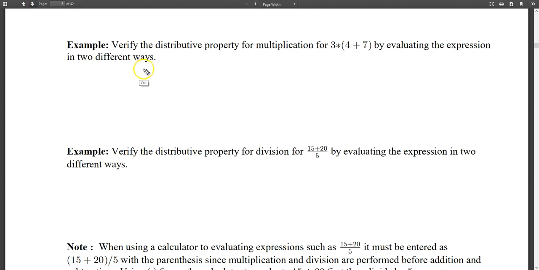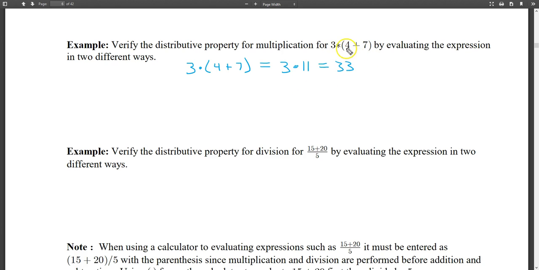Let's take a look at a few examples. So let's verify the distributive property for multiplication for this quantity. We'll simply evaluate 3 times (4 + 7) as it sits. We'll add the 4 and 7 together first because they're inside the parentheses. So this would be 3 times 11, and of course that is 33.